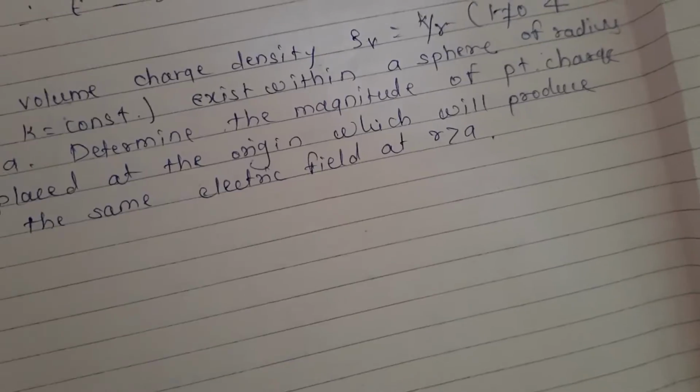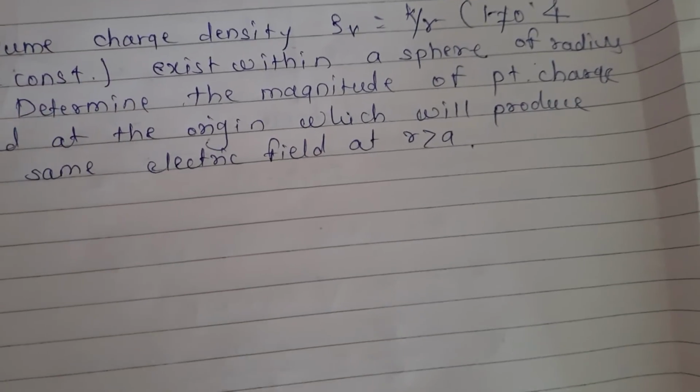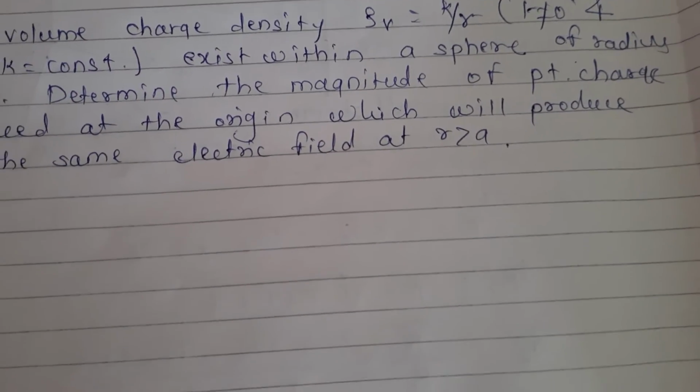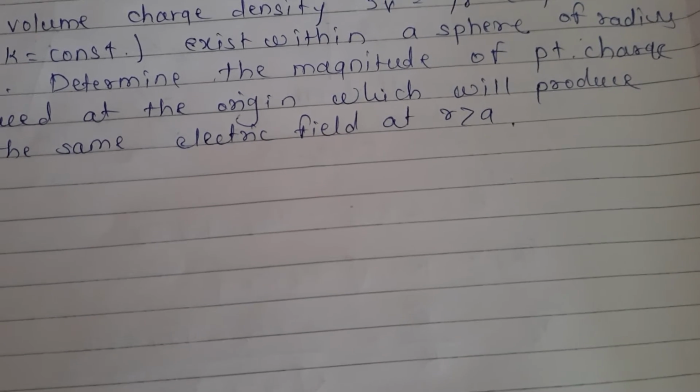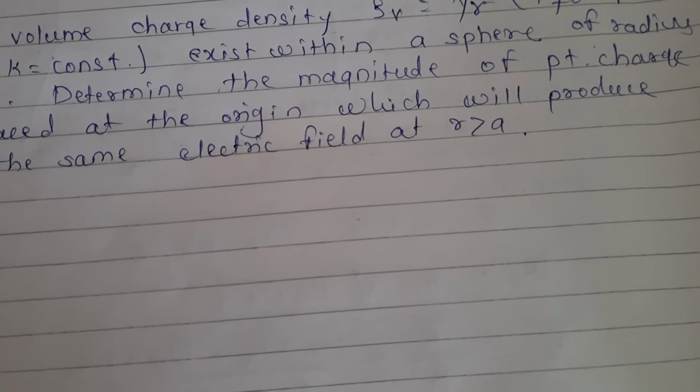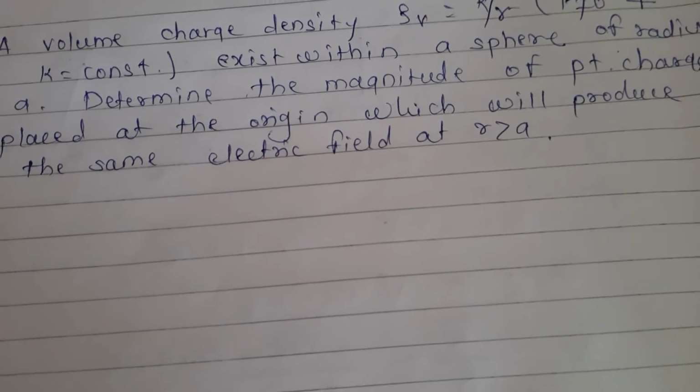So if the sphere of radius a is placed at the origin, then the electric field produced by the sphere for r greater than a is the same as that of a point charge q placed at the origin.